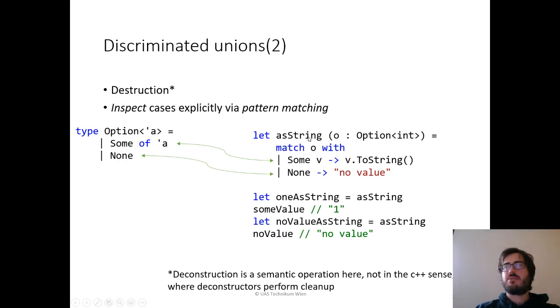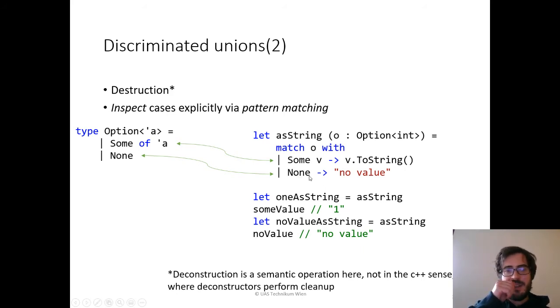Here we have our string function, which takes the option, performs pattern matching. Since the construction is either this one or this one, we also need to take care of those different variants we have. So we have Some v, do it to string, and we have the None case.